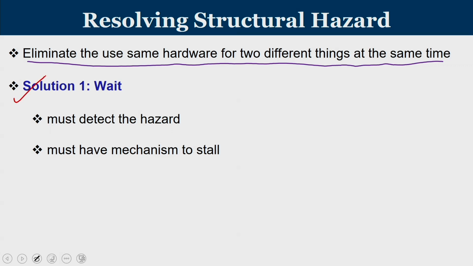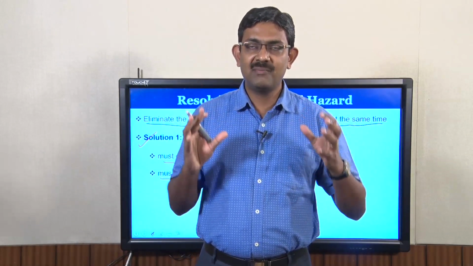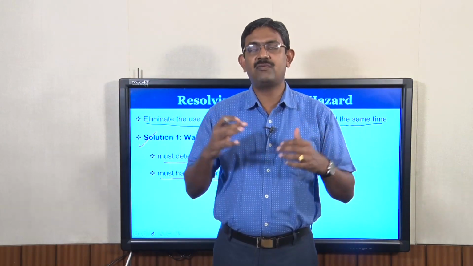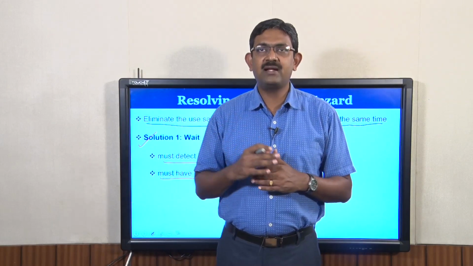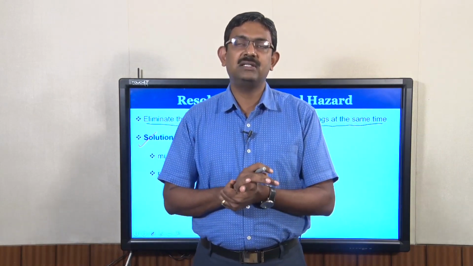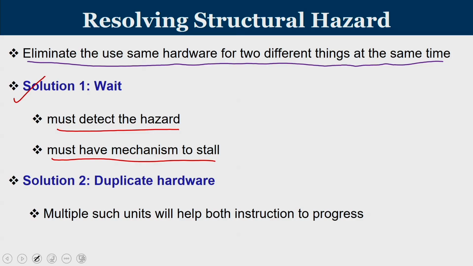We must detect a scenario wherein two instructions are trying to access the same hardware, and then have a mechanism to stall one of the instructions. Once we detect that it is going to be a structural hazard, we should delay one of the instructions in performing the operation. So, detecting a hazard followed by a mechanism to stall.